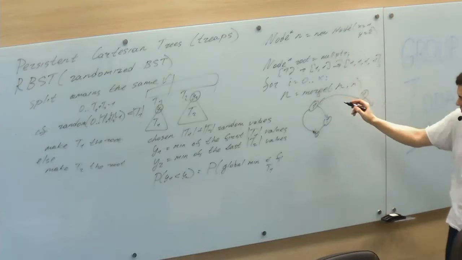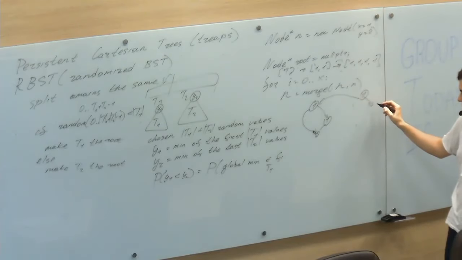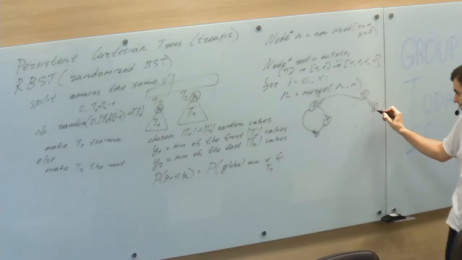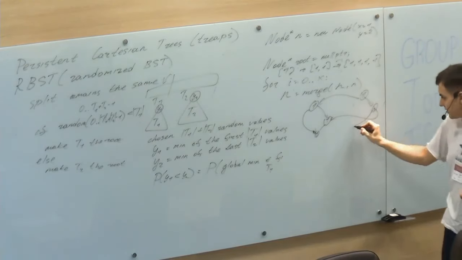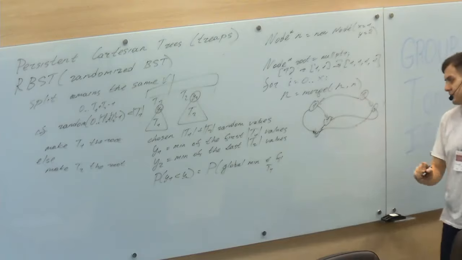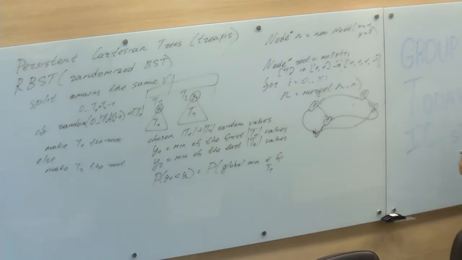So this is the left subtree, and there must be a right subtree somewhere. This points here. The right subtree is this, and the left subtree is this. It's fun to think about what happens when you try to merge a tree with itself.